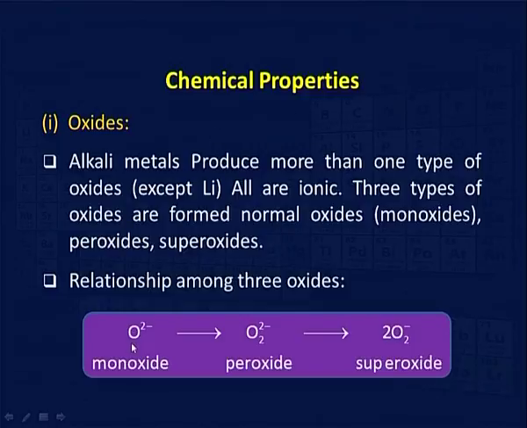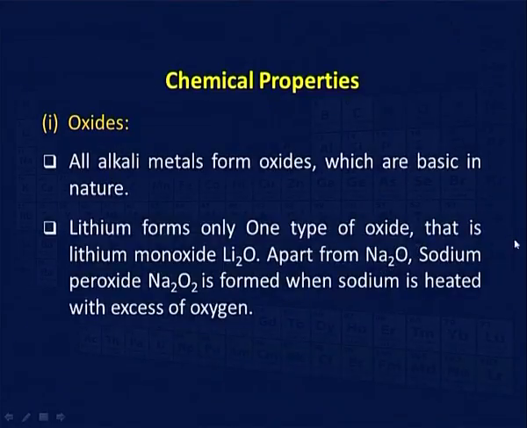You can see Li2O and Na2O are normal oxides, but sodium can also form peroxide, Na2O2. Here Na2 has 2 plus charges, so O2 must have 2 negative charge. O2 2- is nothing but peroxide, which is formed by sodium on heating.